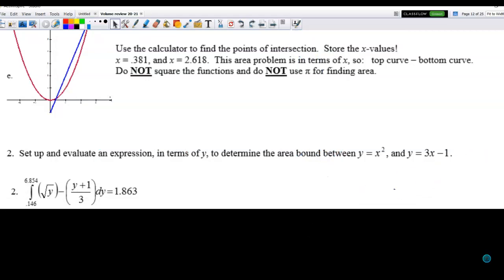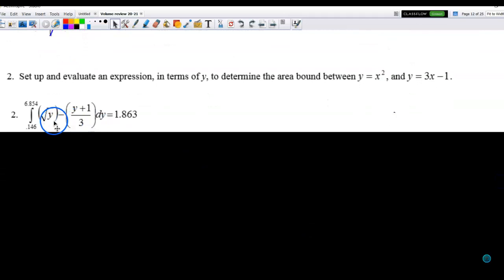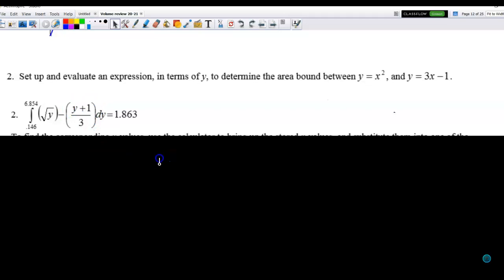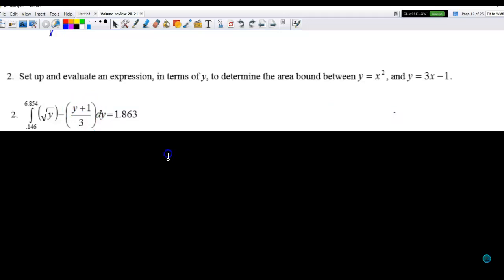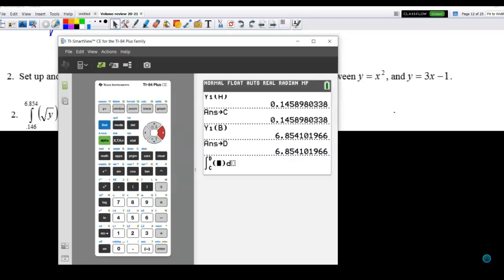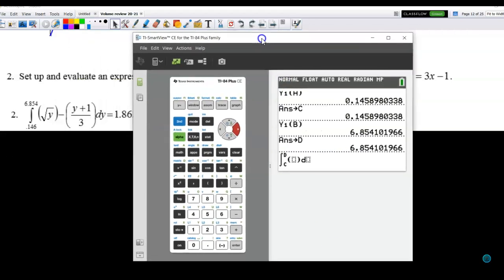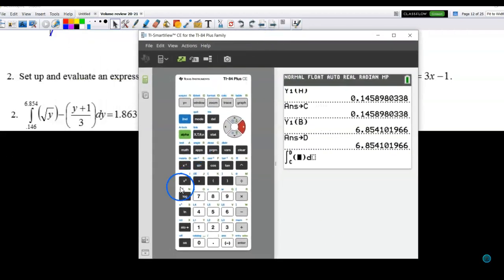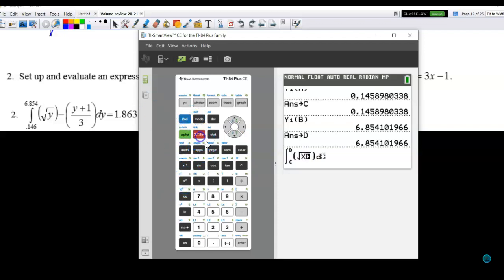So what I'm going to write on my paper for my AP test is the square root of y. That's when I got y equal x squared, got x by itself, minus y plus 1 over 3. That's when I get the functions in terms of y. But what I'm going to type in my calculator, I'll move this over here to the side, because I don't have these stored, I'm going to type in square root, so second square root of x.